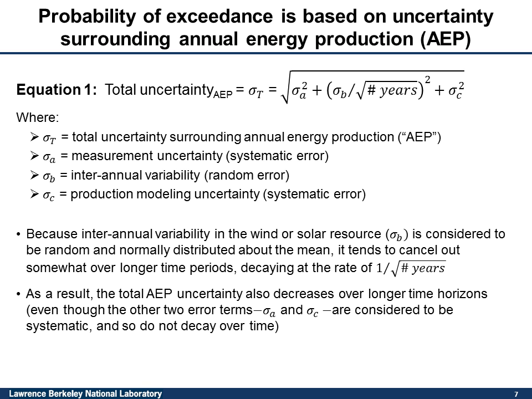To combine these errors, you need to add them in quadrature, as shown here in equation 1. While measurement and modeling error are both considered to be systematic in nature, interannual variability is instead considered to be random and normally distributed about the mean, which means that it, and hence total uncertainty as well, tends to decay or cancel out over longer time horizons.